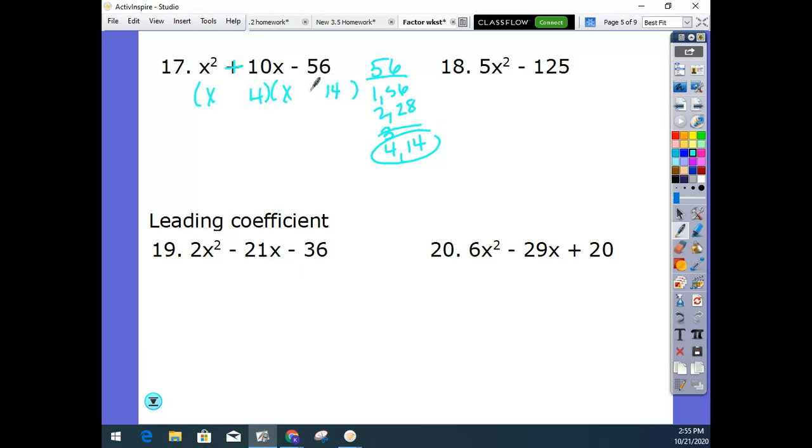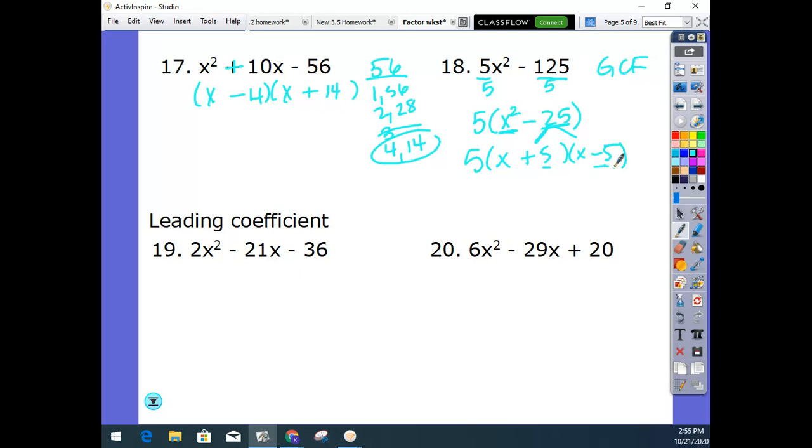Get a positive 10, plus 14, minus 4. Always check again. X and x. The only time you can do this with 2 is if this is a perfect square, plus 5, minus 5.